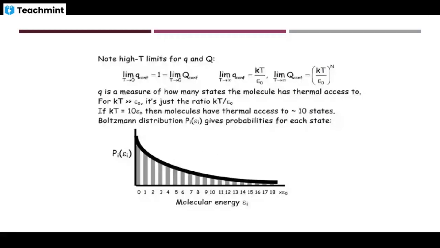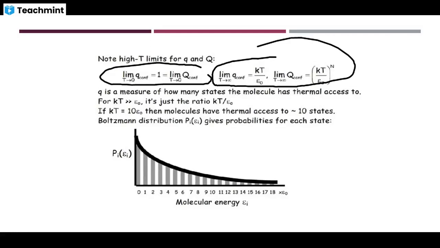Note high temperature limit for q and q equal to 1. The q configurational equal to kT by psi, and at temperature tends to 0 it is 1. When temperature becomes infinity it means kT by psi. For Q configurational, (kT by psi naught) whole power n.